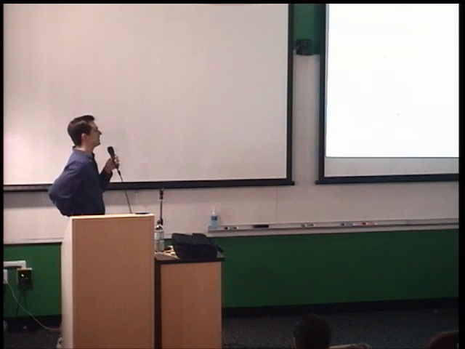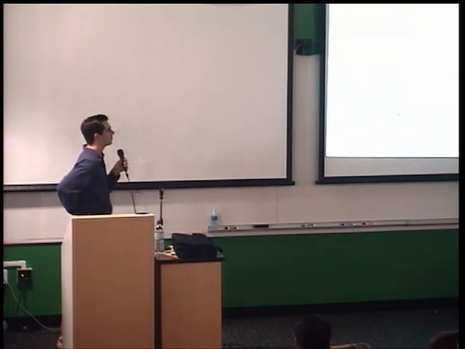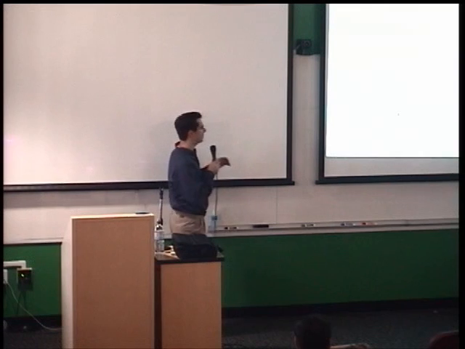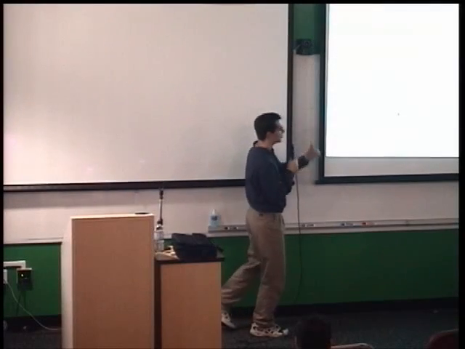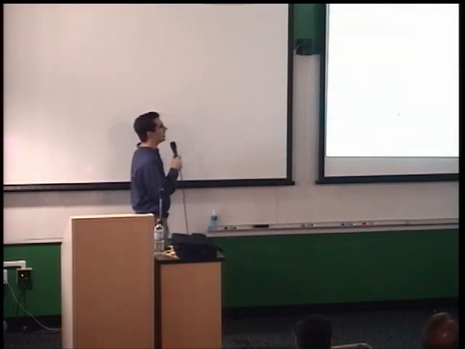As an even more difficult example, you're probably familiar with the fact that in C and C++ you have this cast notation, where you just parenthesize a type, and that means to cast. But as usual, we've got conflicts between binary and unary operators. So this fragment here could either be a cast of the address of something, or it could be a bitwise and.